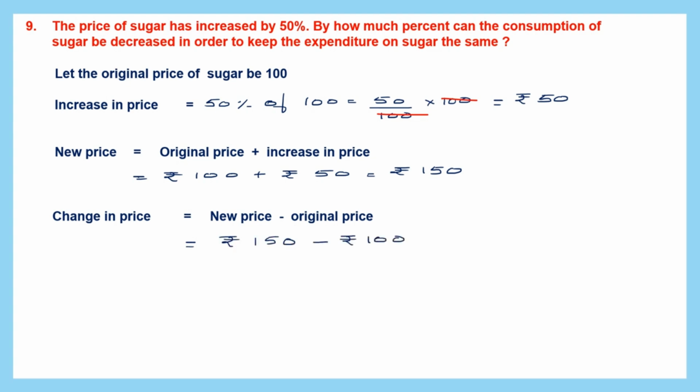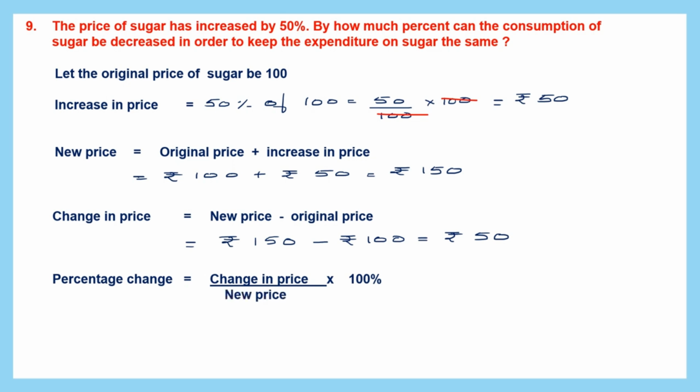So this will give us the change in price, and the change in price, 150 minus 100, is 50 rupees. This is the change in price. Now we have to find the percentage change, that is change in price by the new price into 100%. So change in price is 50 rupees. The new price is 150 rupees. We have to multiply this by 100%.